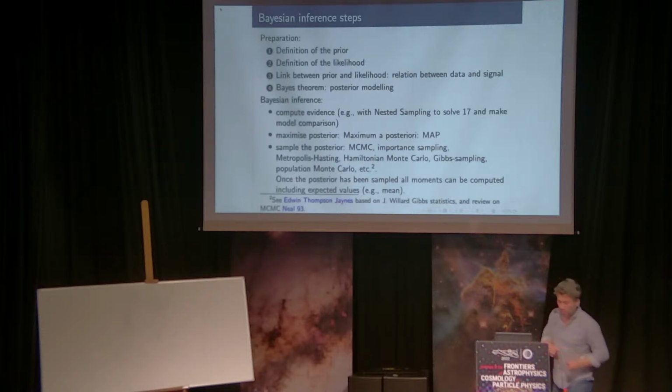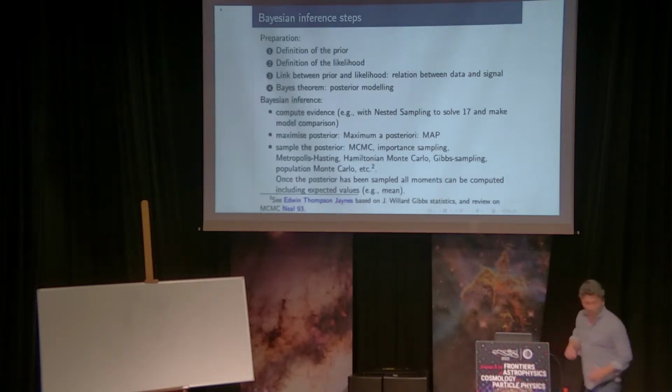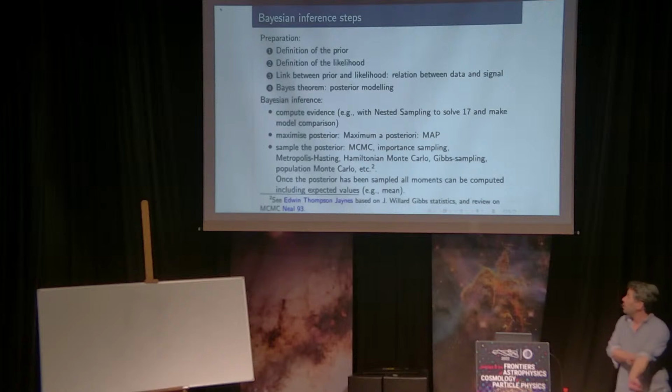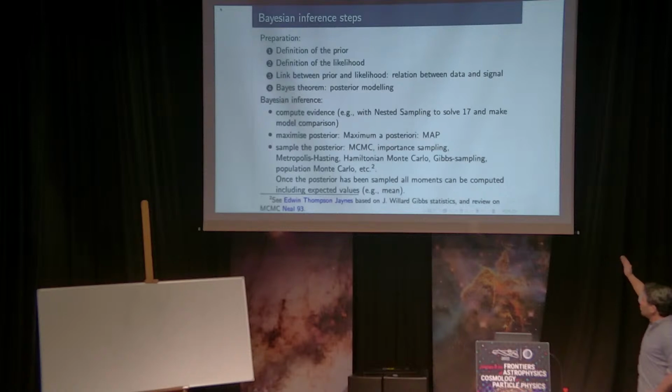All right. So how would you then do a Bayesian inference analysis? You start defining the prior, then the likelihood, or then the link between the prior and the likelihood. Then you apply Bayes' theorem, which is essentially expressing the product of both. And then you can do several things.